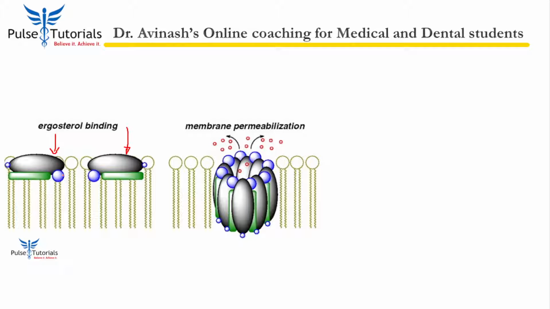Now many stick. What happens is the ergosterol is lipid, so all the lipid binding sites, the lipid loving parts, come together, and as a result in the center it is all water loving part. So all the lipophilic parts arrange themselves in such a manner that they are combining with each other.